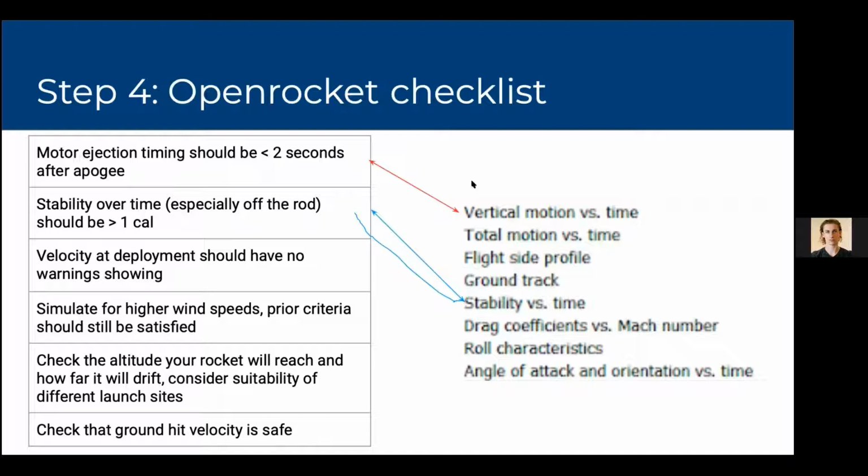It's not going to end well. The parachute's going to get torn out of your hand, or in this case, out of the rocket, and you're not going to be happy.